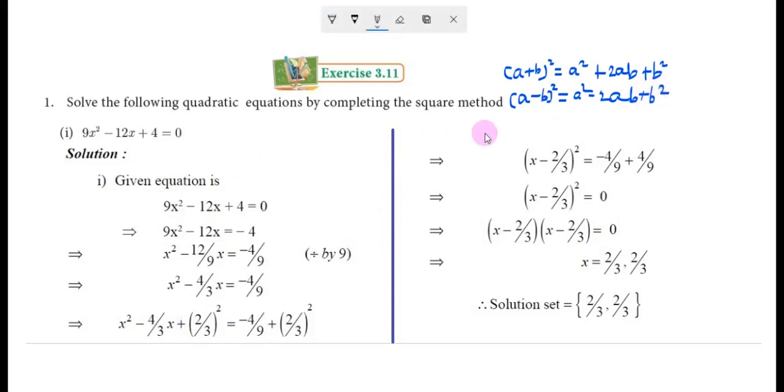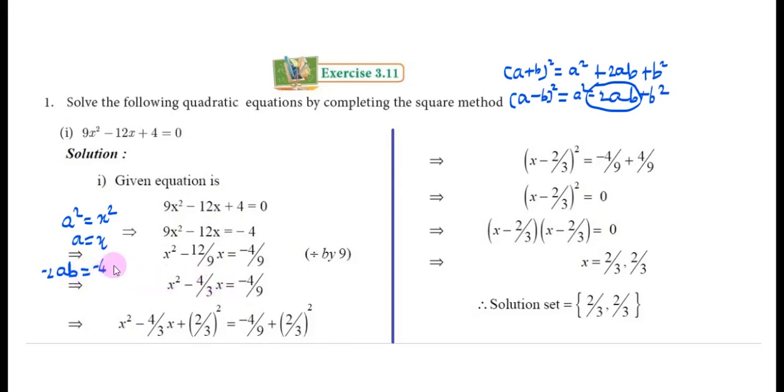So just compare. The first term is a square, so a square equal to x square. Understood? So a equal to x. I just cancelled the power, so a equal to x. Next, here the x term, you know, so minus 2ab. Here we have minus, so I compare with the next expression: minus 2ab equal to minus 4 by 3x.